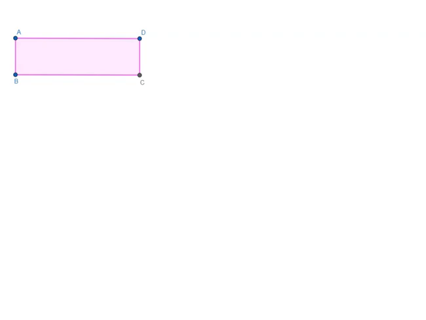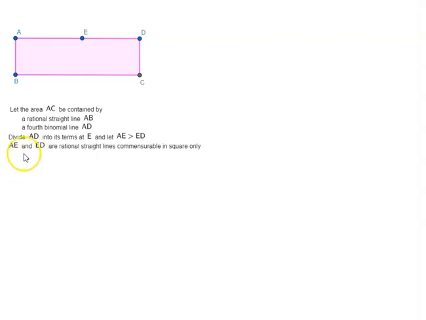So we are given an area AC contained by a rational straight line AB and a fourth binomial line AD. Divide AD into its terms at E. Then AE and ED are rational straight lines commensurable in square only. Remember, AD is a fourth binomial line.